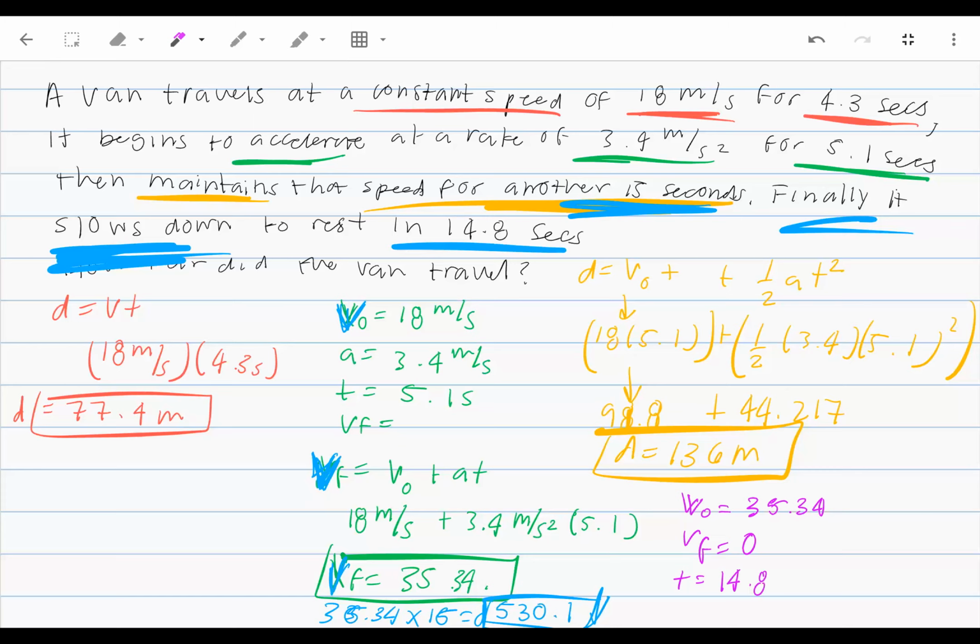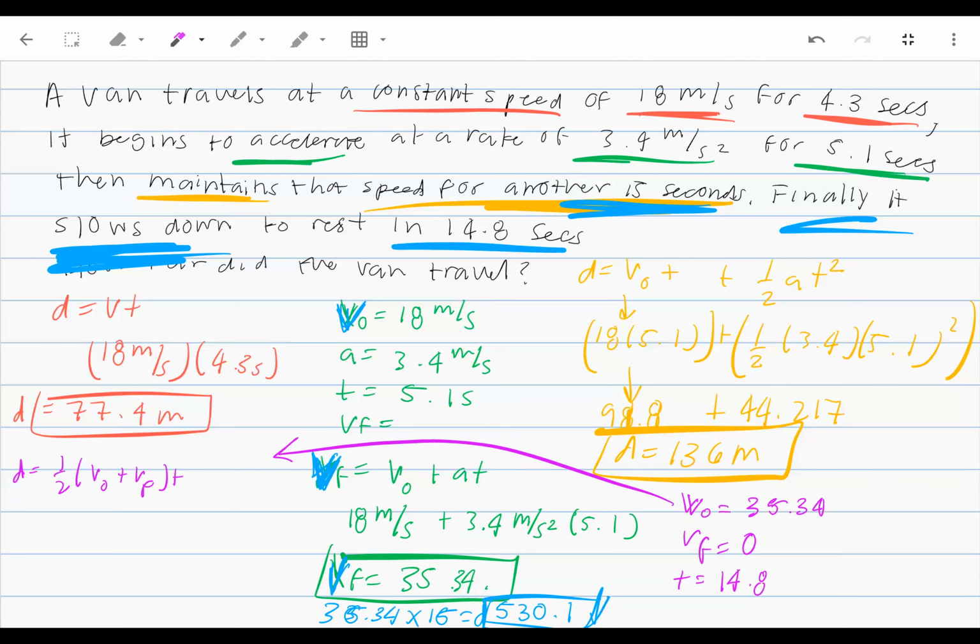Okay, and then with this, let's jump over here. So with these numbers, you can plug it into the simple equation of distance equals 1/2 times initial velocity plus final velocity, times time.